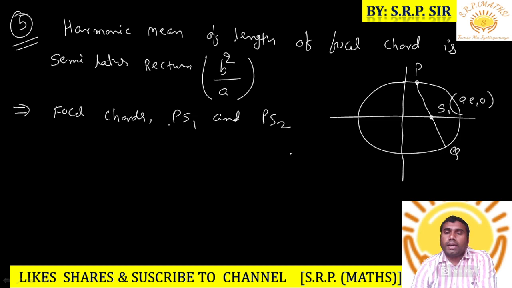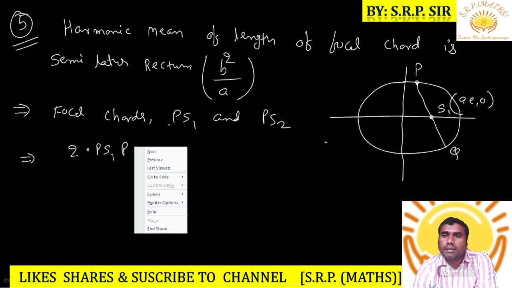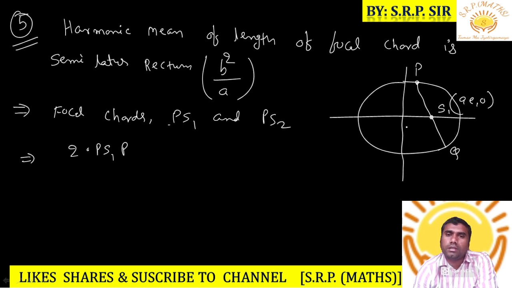So how can we write this harmonic mean? It is not PS2, this is QS1, the Q of S1. One is this one, the other is this one.